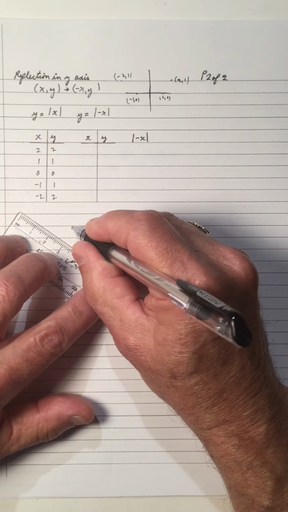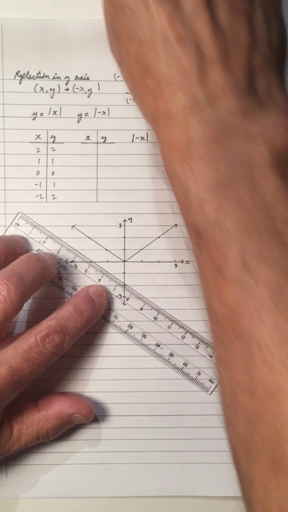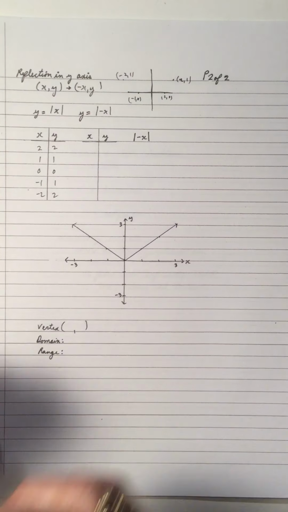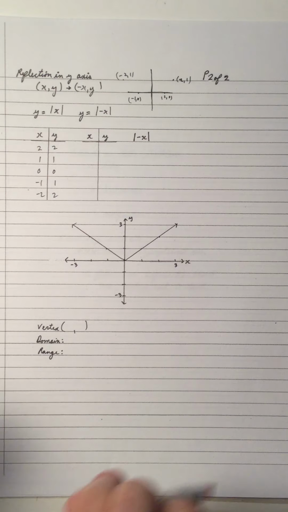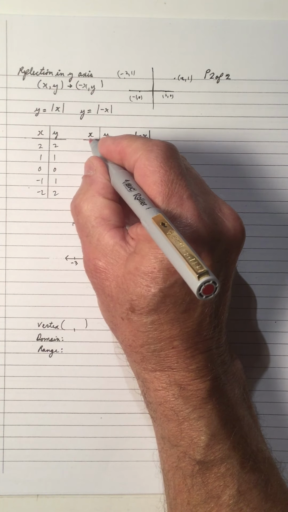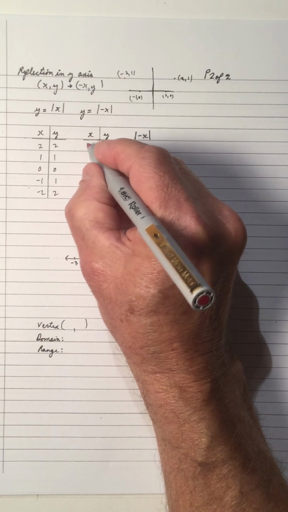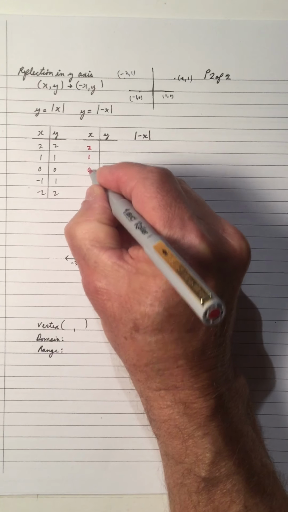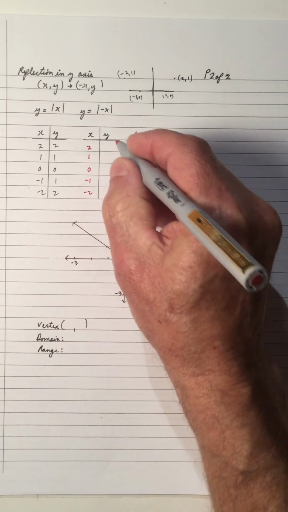Okay, now let's look at doing the absolute value of negative x. The x values are 2, 1, 0, negative 1, negative 2.